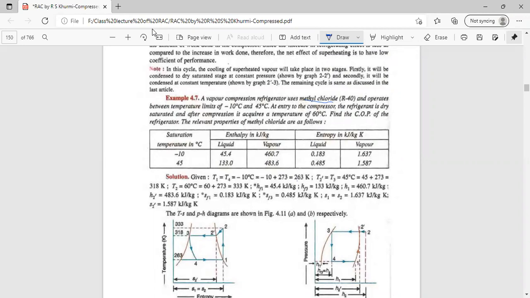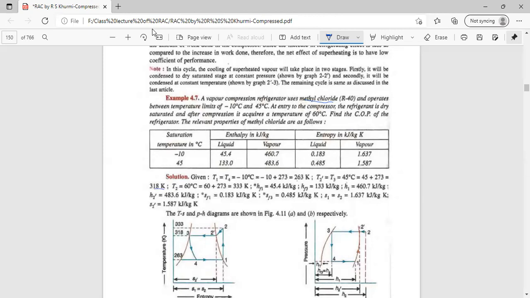So T2 dash will be equal to T3, which is equal to 45 degrees centigrade, which is 45 plus 273, that is 318 K. Now T2, which is given here in the superheated state, is 60 degrees centigrade, much higher than the 45 degrees centigrade of T2 dash, which is equal to 60 plus 273, that is 333 Kelvin.